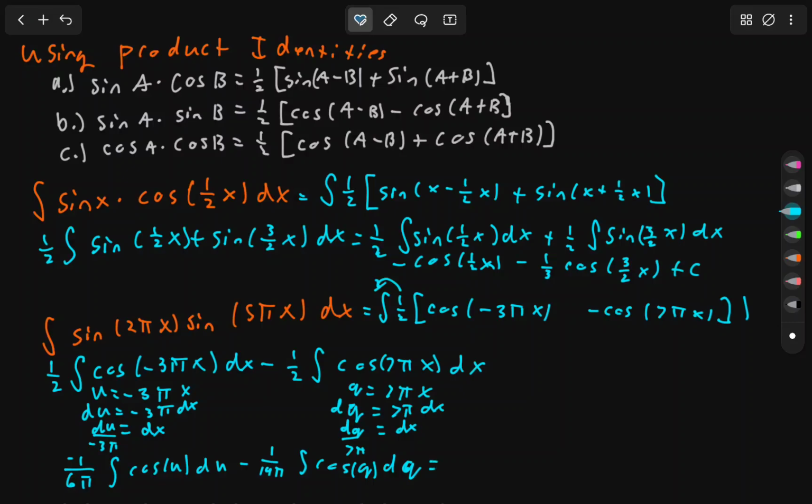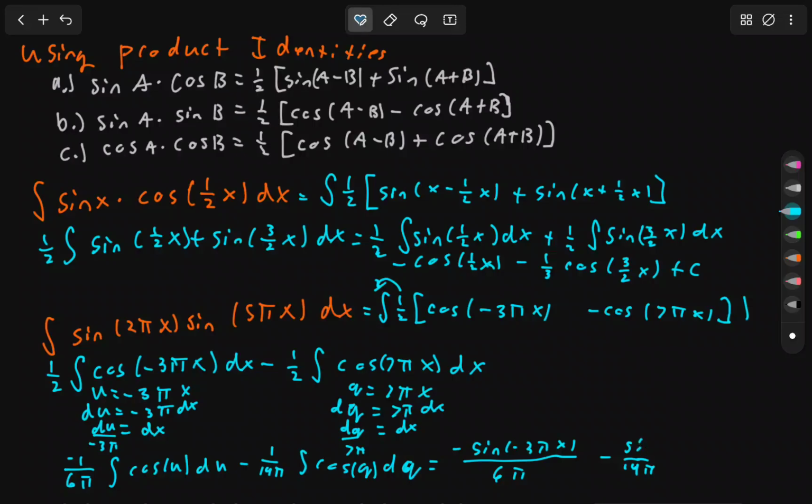We just evaluate these integrals. The integral of cosine is sine, and same thing with that. So we just get negative 1, and we're going to put the sines in the numerator here. So we get sine of u, where u is negative 3 pi x, over 6 pi, minus 1 over 14 pi, and put the sine in the numerator again.